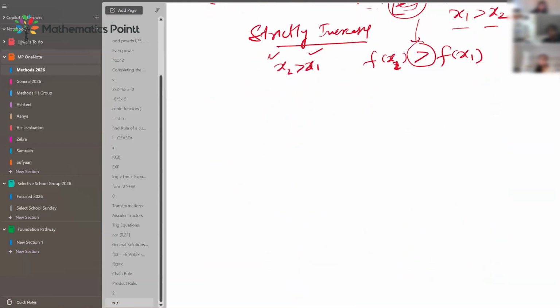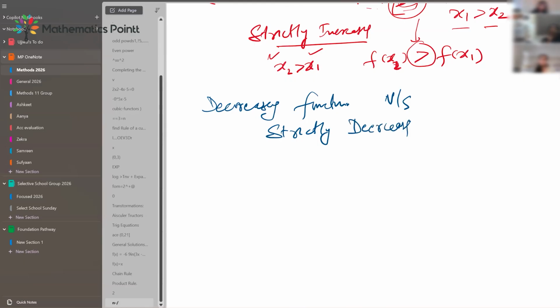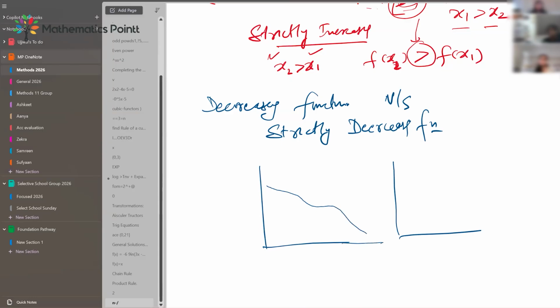So if I have a decreasing function versus a strictly decreasing function, it is almost pretty much the same. So you could have something like this, and you could have something like this.